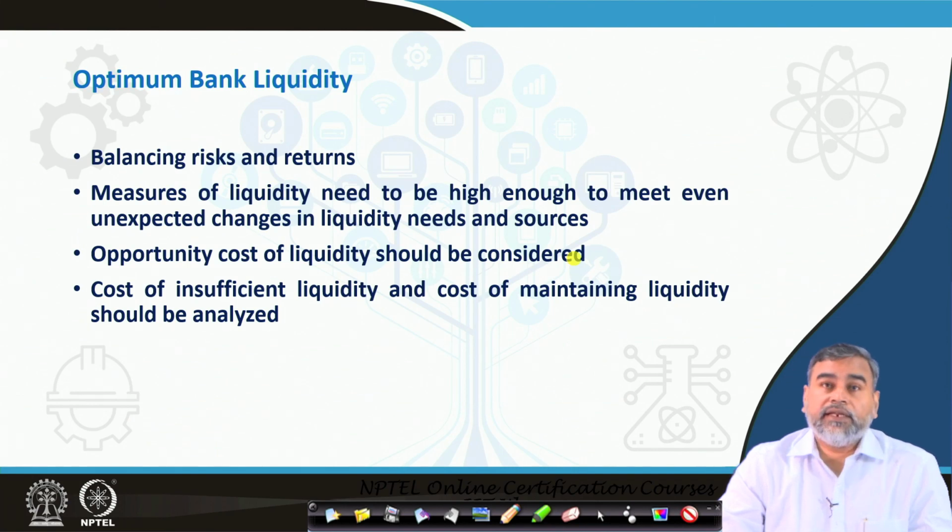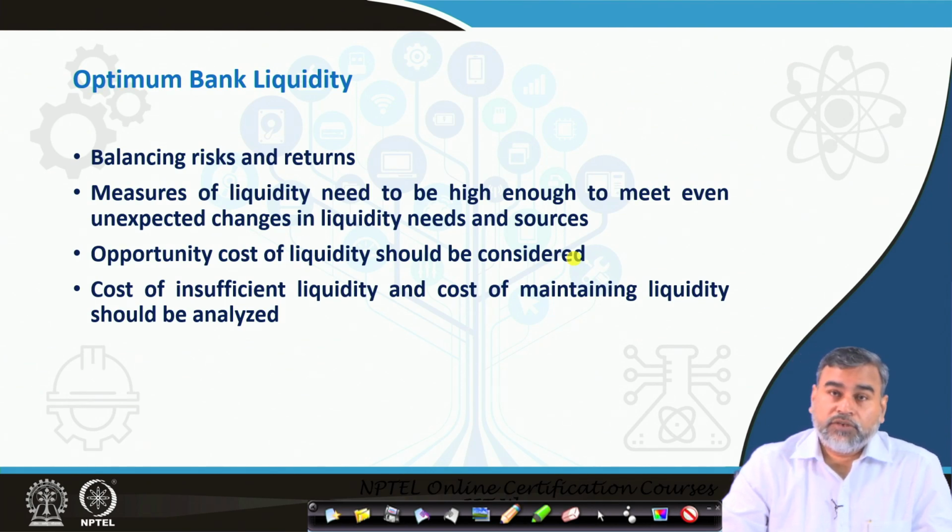If you are not maintaining liquidity, you are incurring a certain cost, or if you are maintaining liquidity, you are also incurring a certain cost. So, the total cost has to be calculated, or you can compare between the two costs, then accordingly you decide how much liquidity should always be kept in the bank to overcome the kind of losses they could incur if either of these cases happens.